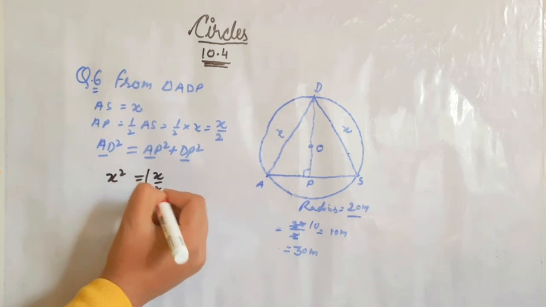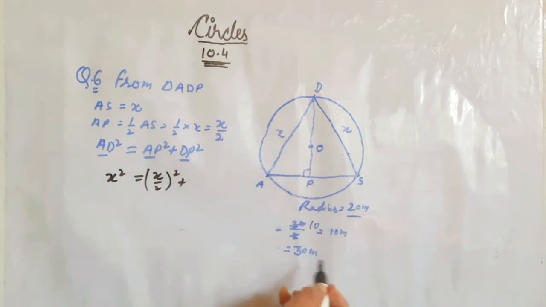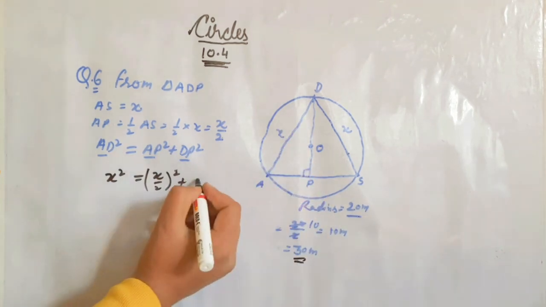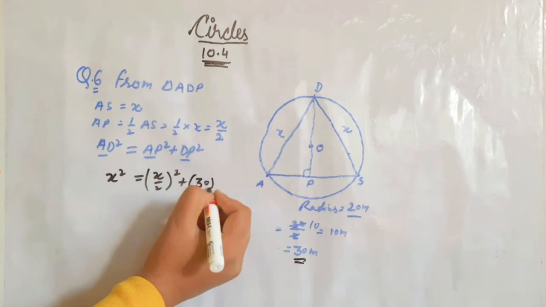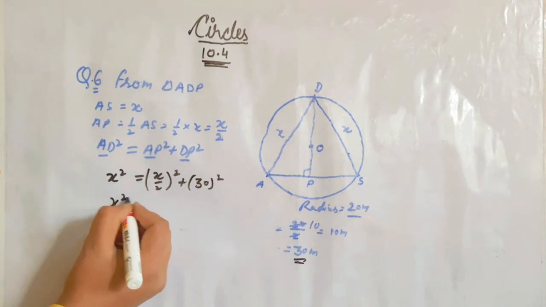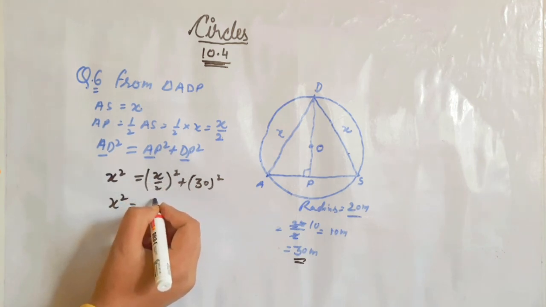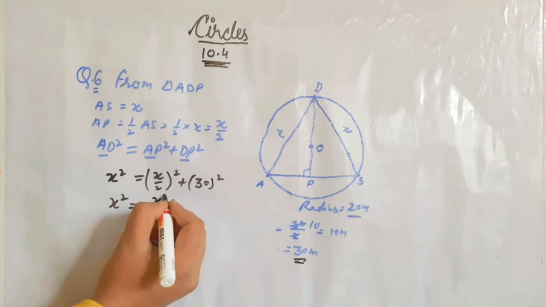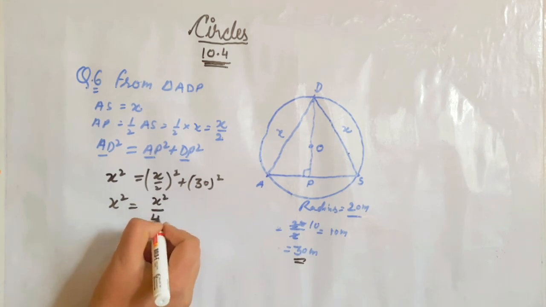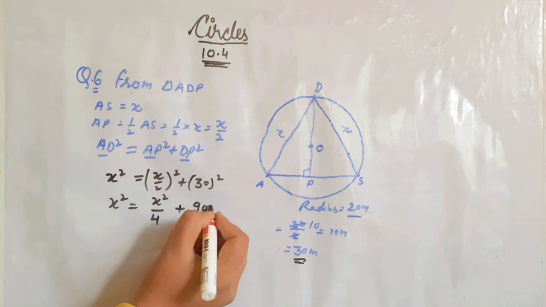So X upon 2 whole square plus DP, which we found equal to 30 meters, so plus 30 square. Now simplify it. X square equals X square upon 4, since 2 square is 4, plus 30 square is 900.